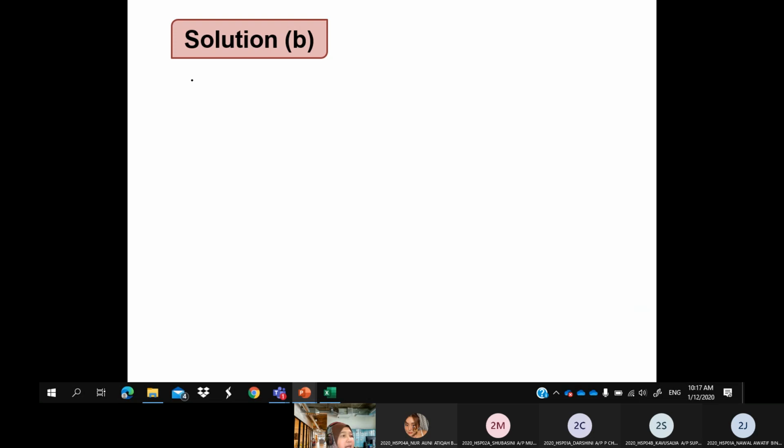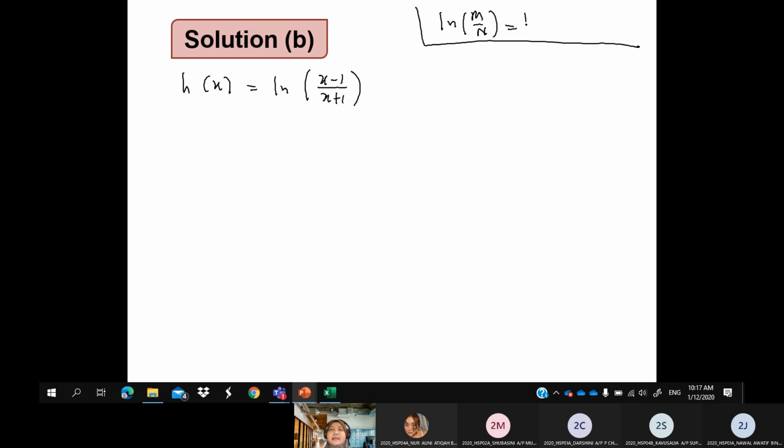The second, question b, is h(x) equals ln of (x minus 1) over (x plus 1). Still use the second law of log, ln(m over n) is ln m minus ln n. So this one can be ln(x minus 1) minus ln(x plus 1).